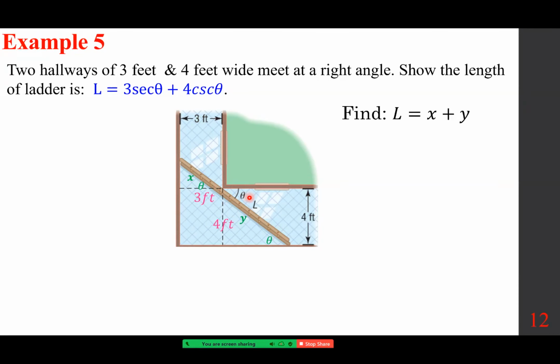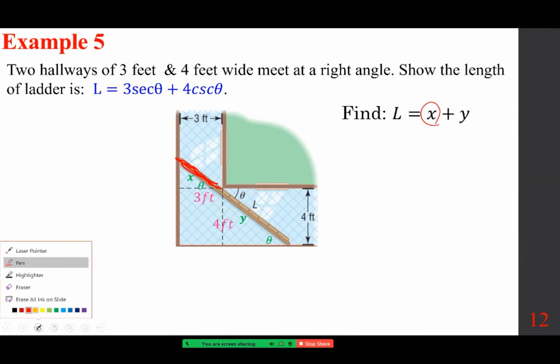This angle is given as theta, so is this one, so is this one. This distance, I'm going to call it X. This distance, I'm going to call it Y.